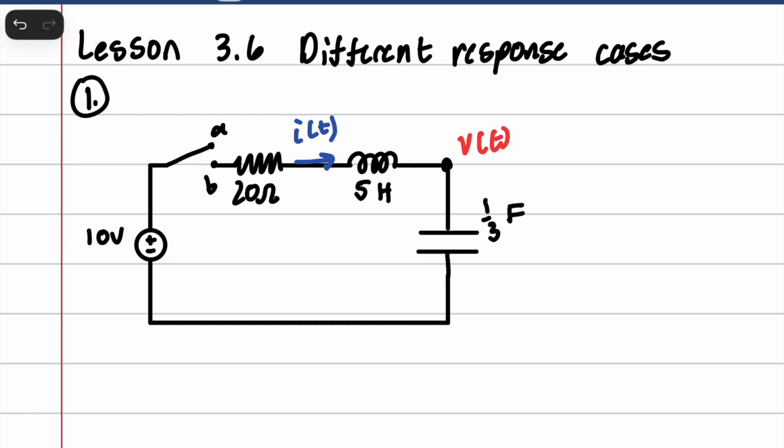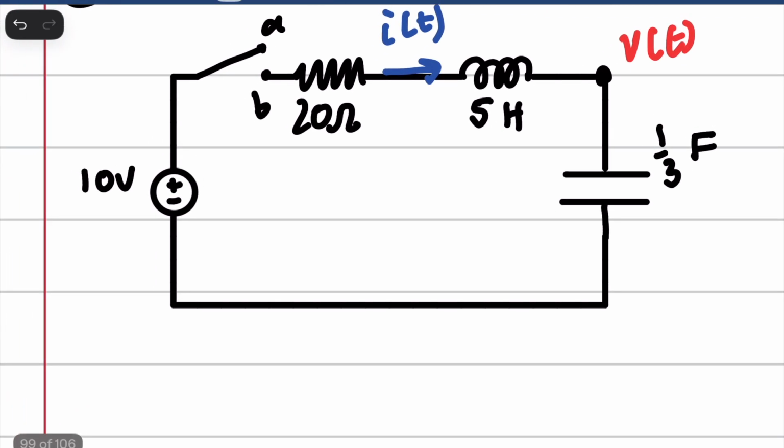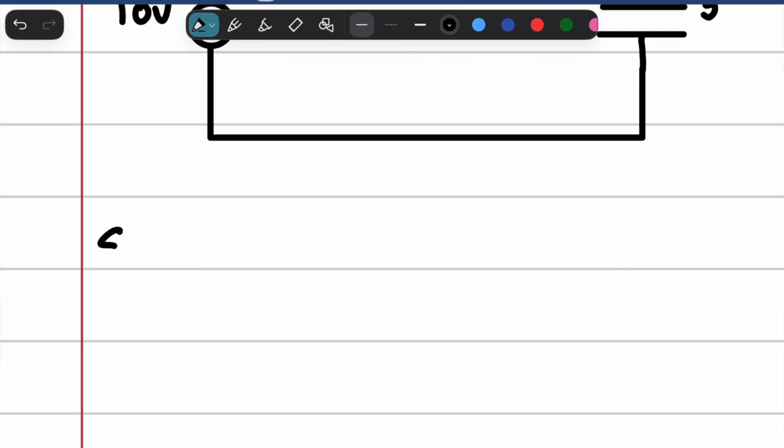So in this first problem, we are going to find both the current and the voltage. And so I think the easiest thing to do first is to find the current. So we're going to apply our analysis of the negative portion.